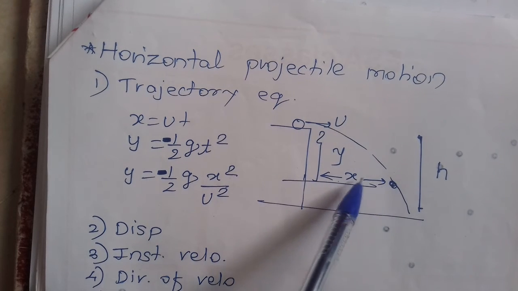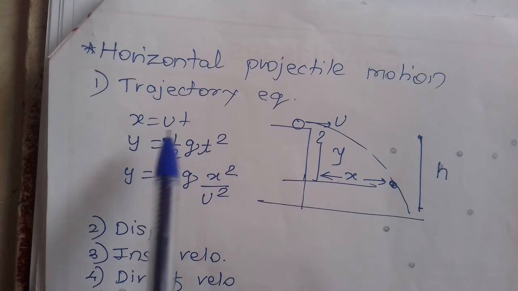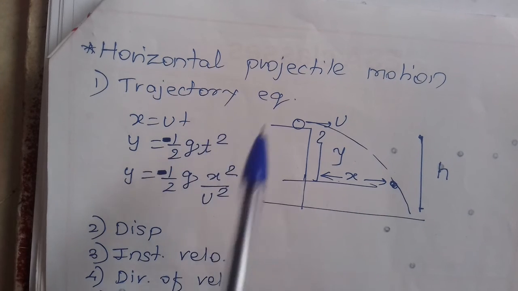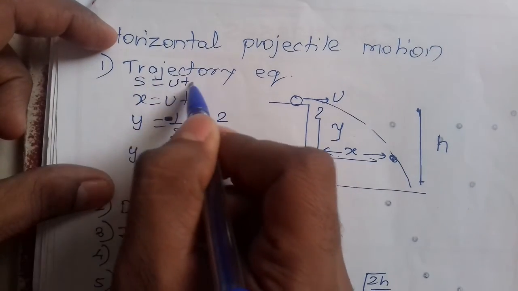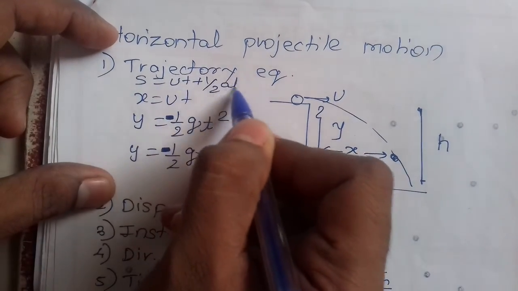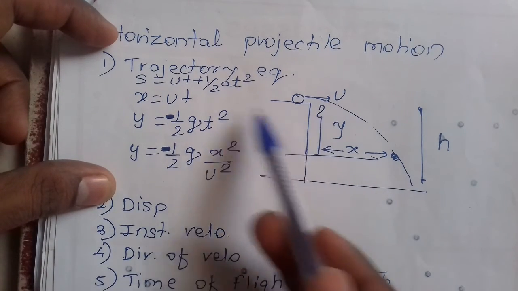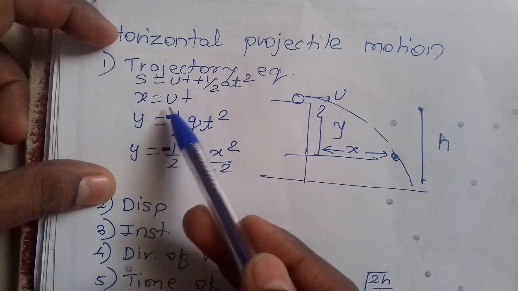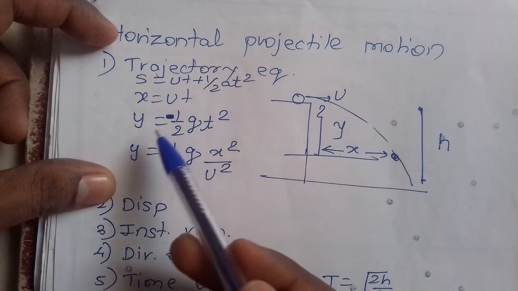Coordinates of this point are x and y. Therefore we can write x as ut. We are using again same equation, s is equal to ut plus half at square. But in horizontal direction no acceleration, therefore this part becomes 0, only ut part. Total velocity is in horizontal direction.